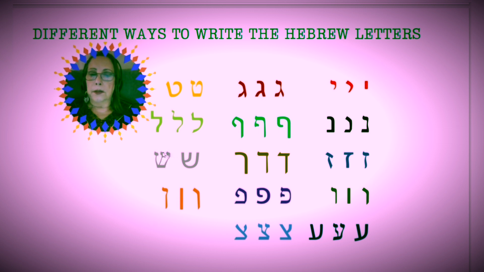See, it curves, but this one goes down. So it looks like our W, all right? And here is Vav, okay? 3 ways of writing it. This one is straighter here at the top. This one is a little more thicker, a little more curved. And this one is straight.